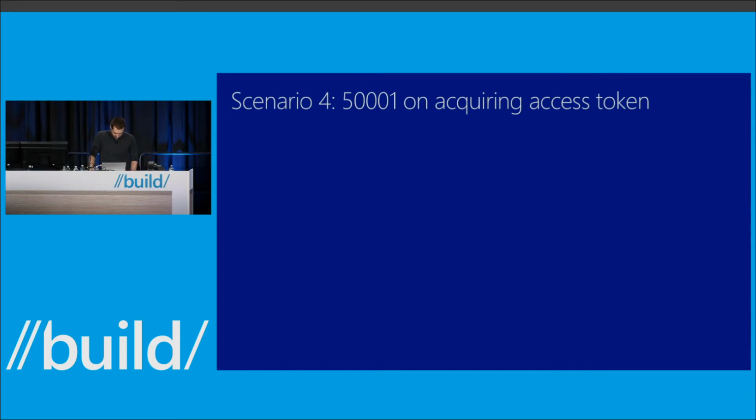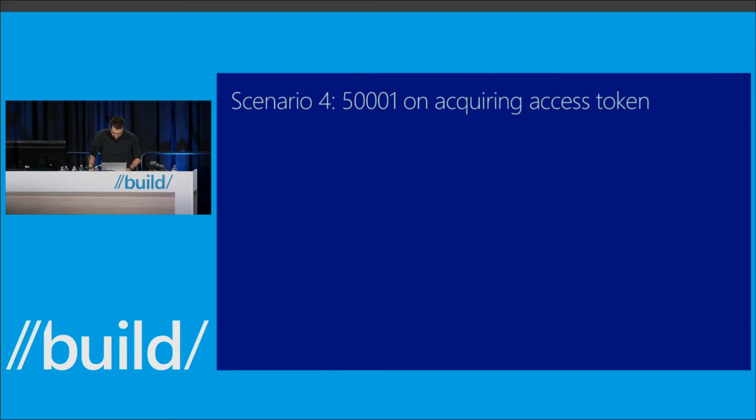So this next scenario, scenario 4, is an interesting one. Okay, where am I? Okay, I need to just uninstall this app because otherwise it's going to break my example, I think. Delete it.